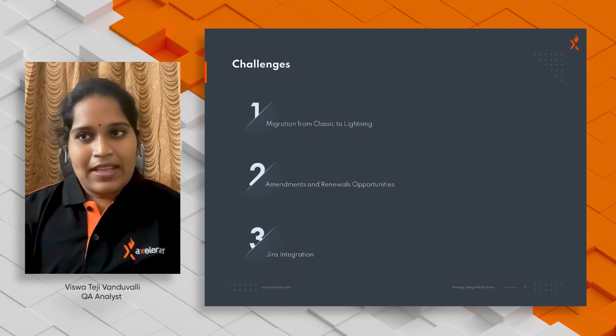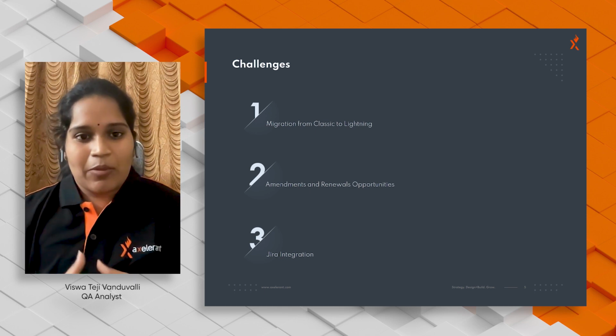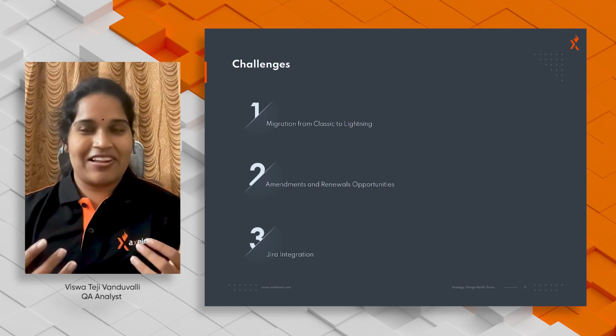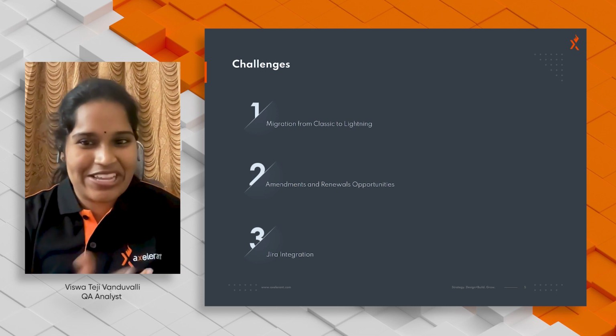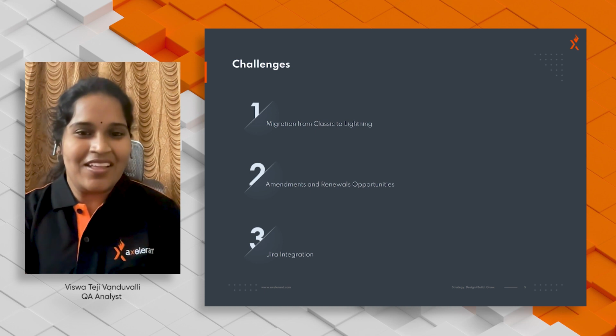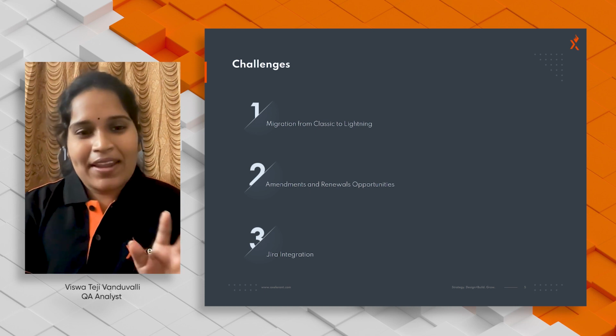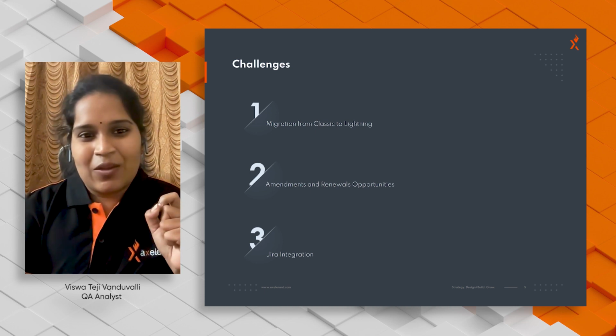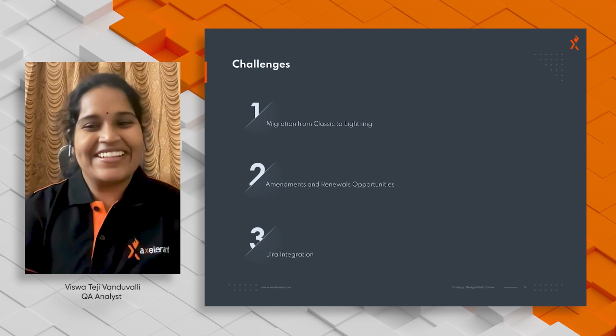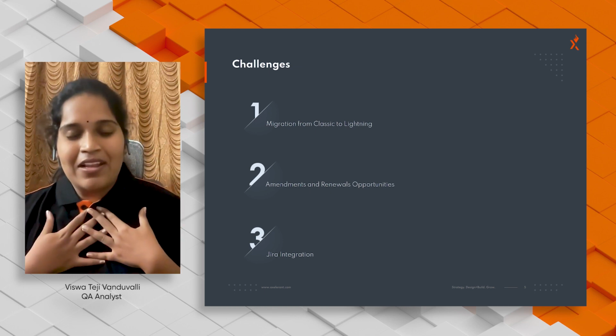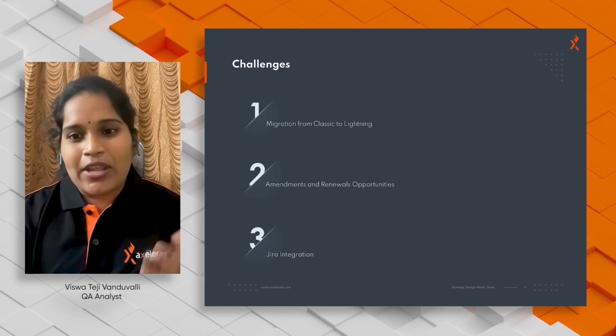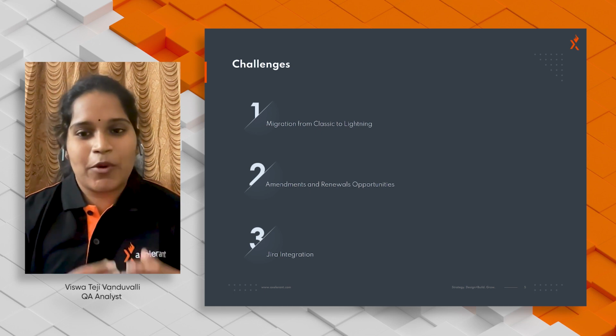The second thing was amending and renewing opportunities. What are these? This looks like big terms for us. Even I felt the same when I heard about it for the first time. First, what are opportunities? Let me take the example of a product-based client.